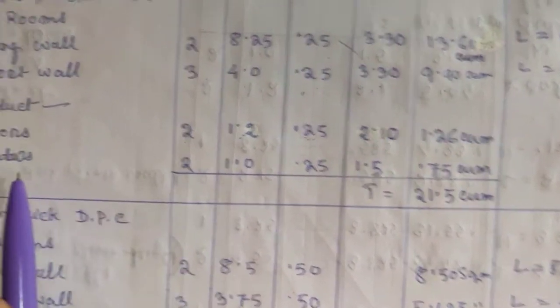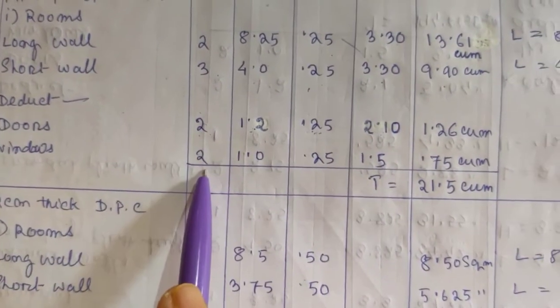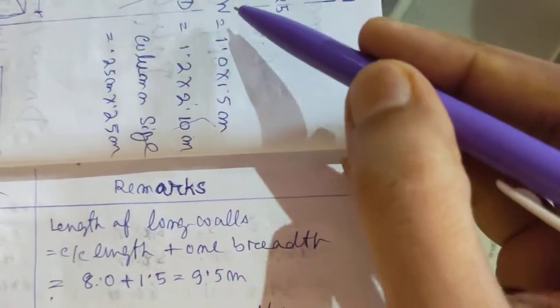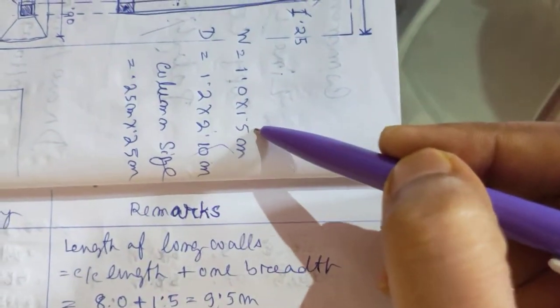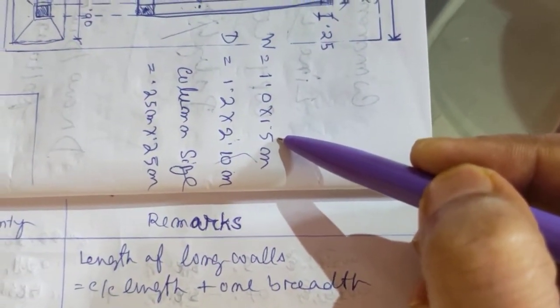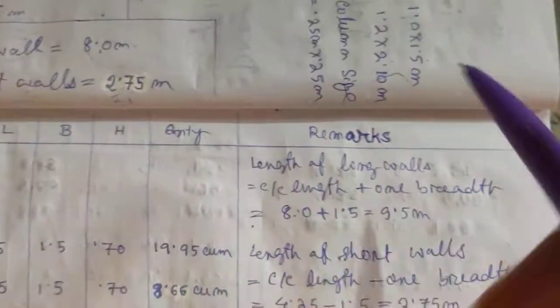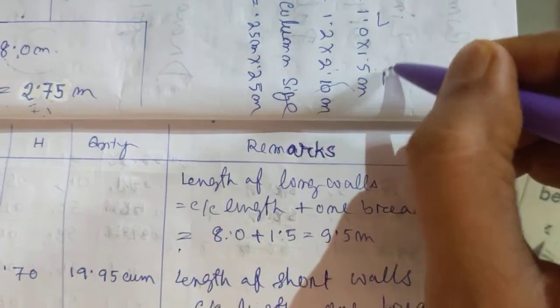Just like that, the number of windows is 2. Size of the window is 1 meter by 1.5 meter. So this is length and this is height.